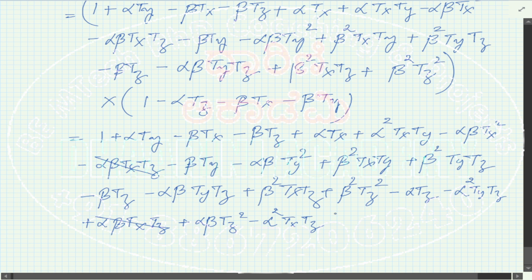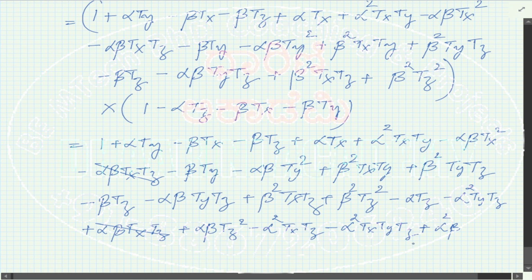Next term is minus of alpha into alpha is alpha square, this is Tx Ty Tz. Then minus of minus becomes plus, alpha square beta, we have a Tx square over there, so this is Tx square into Tz.